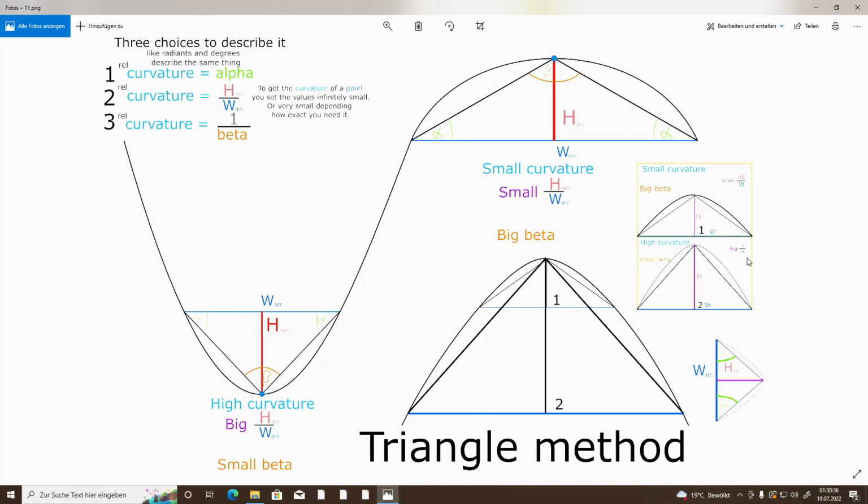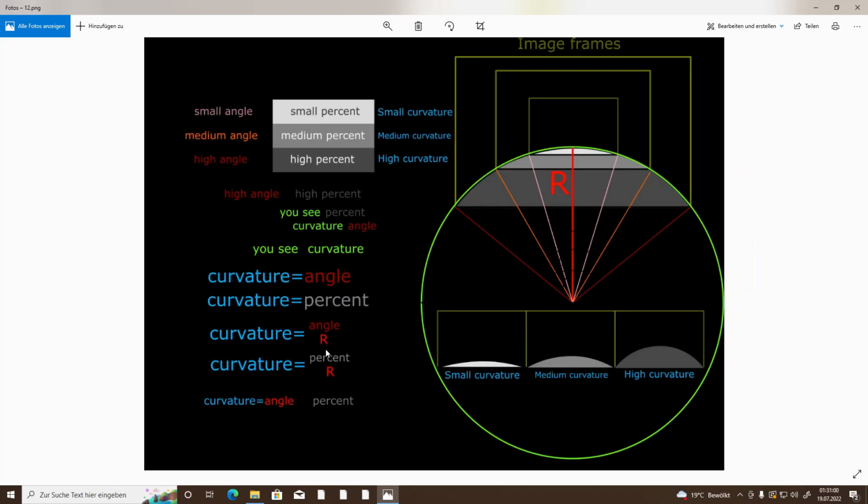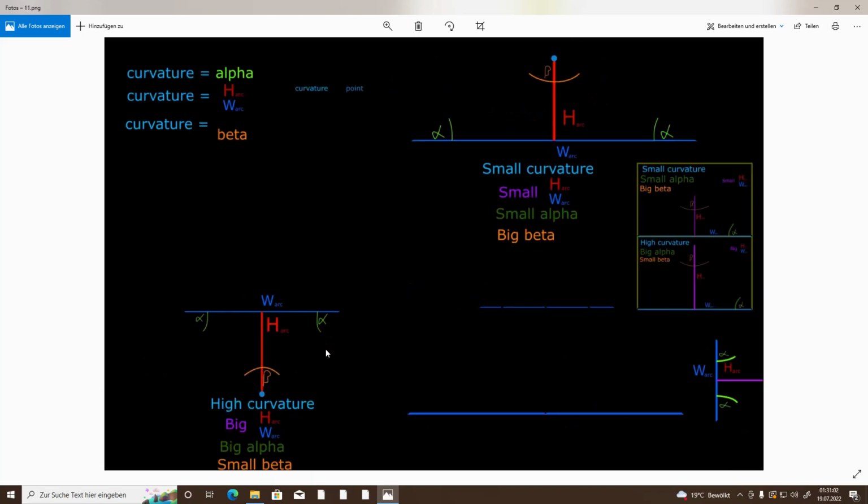So now we get to the triangle method, and the triangle method should be a relative curvature. It's the relation of the arc sizes around the arc. There we have alpha, and there is high curvature.